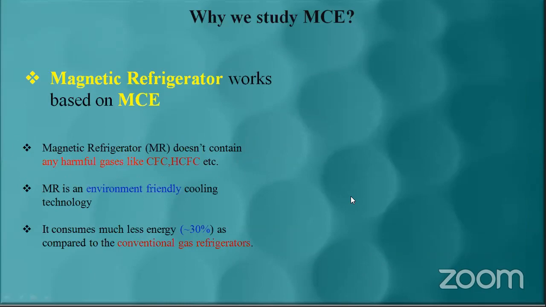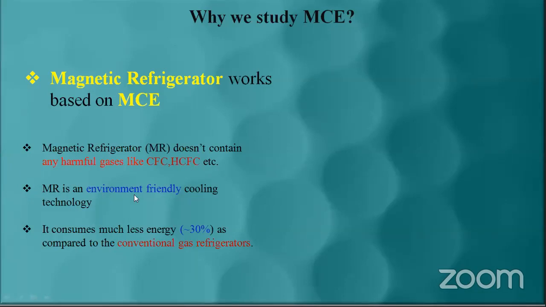So why do we study this magnetocaloric effect? The reason is the magnetic refrigerator that works on the principle of the magnetocaloric effect. As it is known, magnetic refrigerator is considered an alternative cooling technology to the conventional vapor refrigerator because of its several advantages. First of all, it doesn't contain any harmful gases like chlorofluorocarbon or hydrochlorofluorocarbon, whereas the vapor compression refrigerator causes global warming.